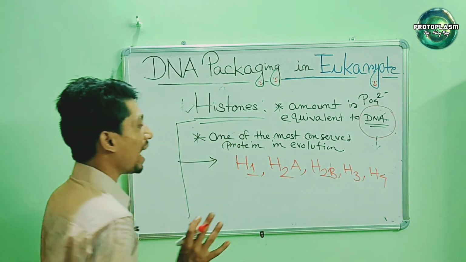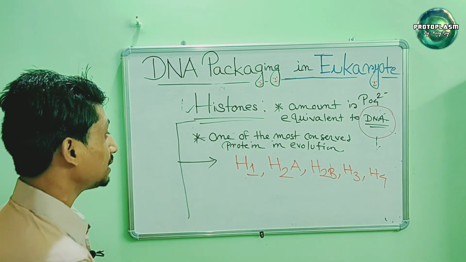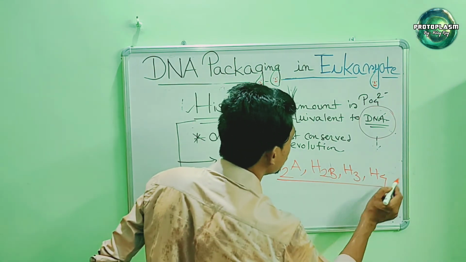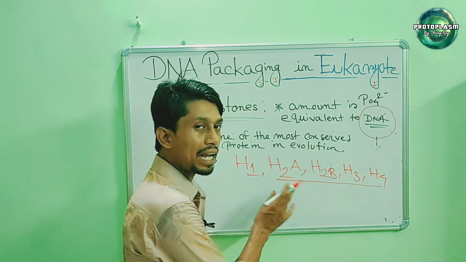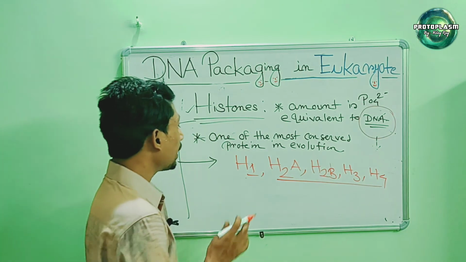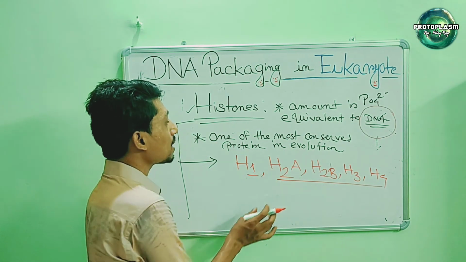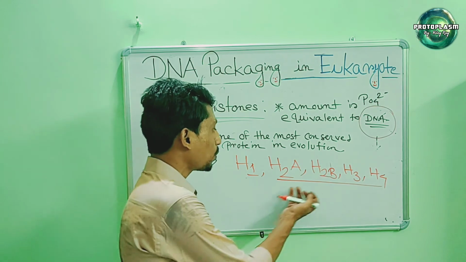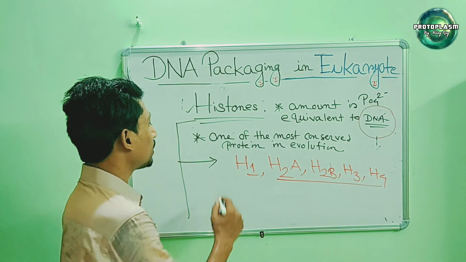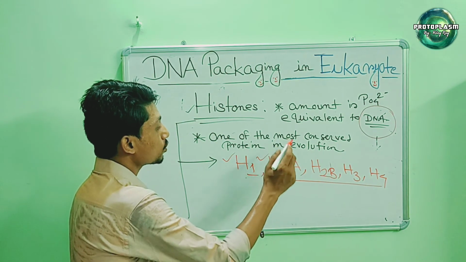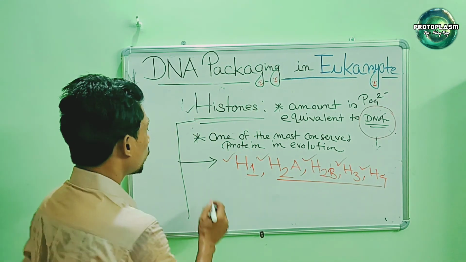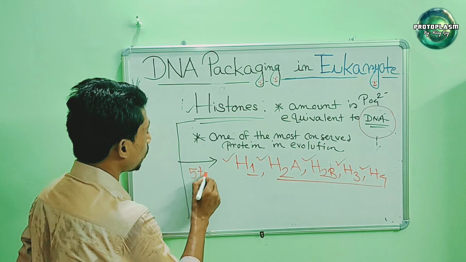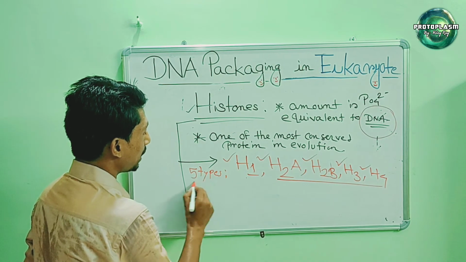These are the 5 types of histone proteins, in which 4 of the histones are almost similar in every mammal. So these are almost conserved proteins in evolution. What are the types? H1, H2A, H2B, H3 and H4. Total 5 types of histone proteins are present.